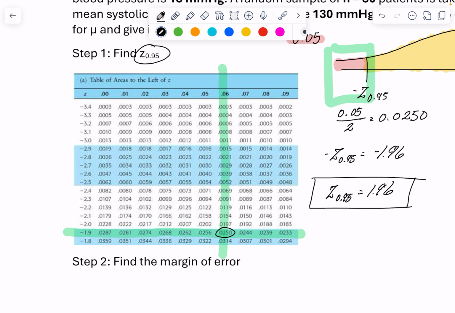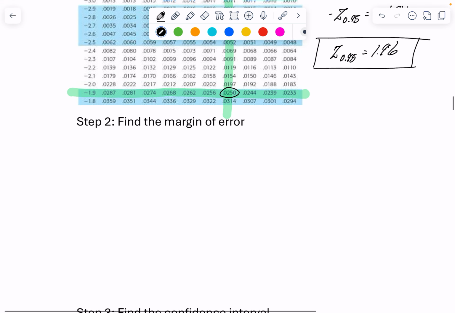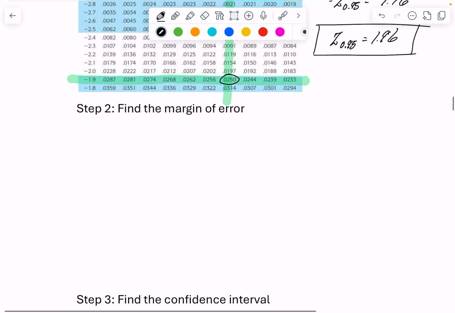Okay. The next thing they want us to do is to find the margin of error. Because if we recall, when we're finding the confidence interval, we need to determine what the margin of error is going to be.